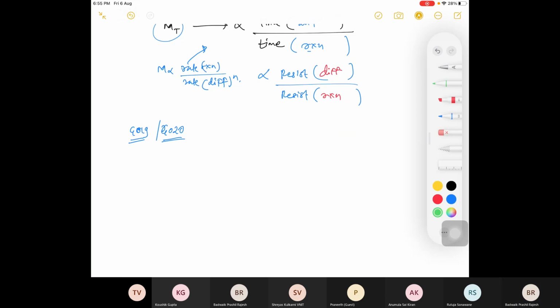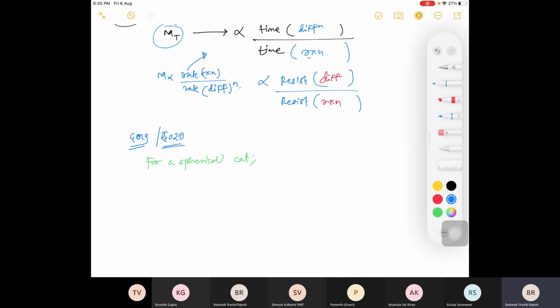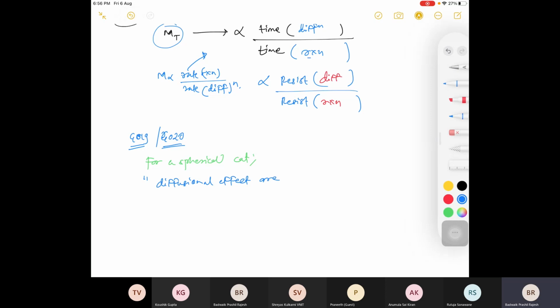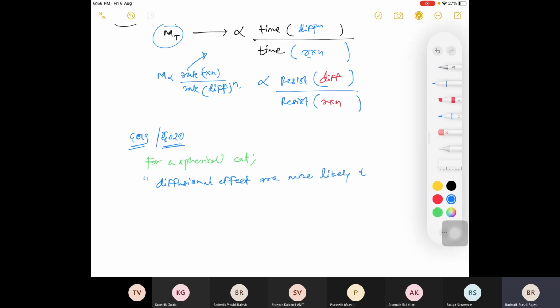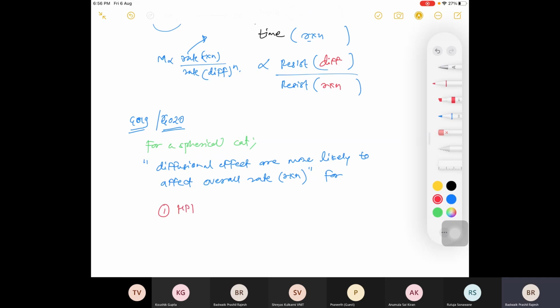For a spherical catalyst, please write this: diffusional effects are more likely to affect the overall rate of reaction for, and you will be given options such as high pore diffusion resistance regime, weak pore diffusion resistance regime.